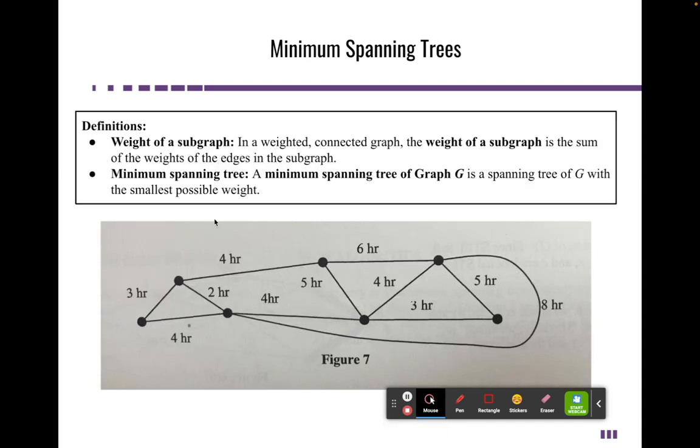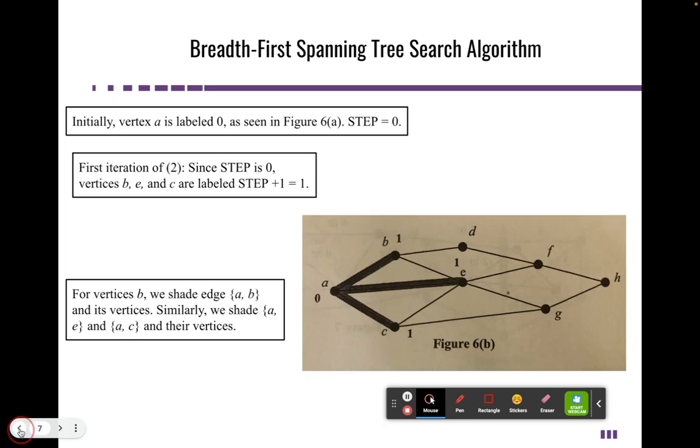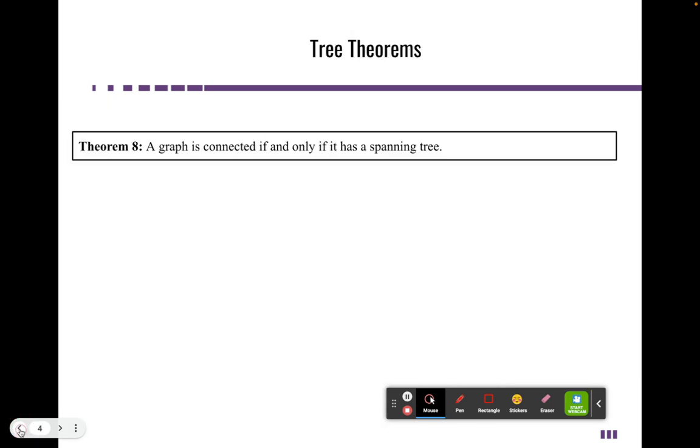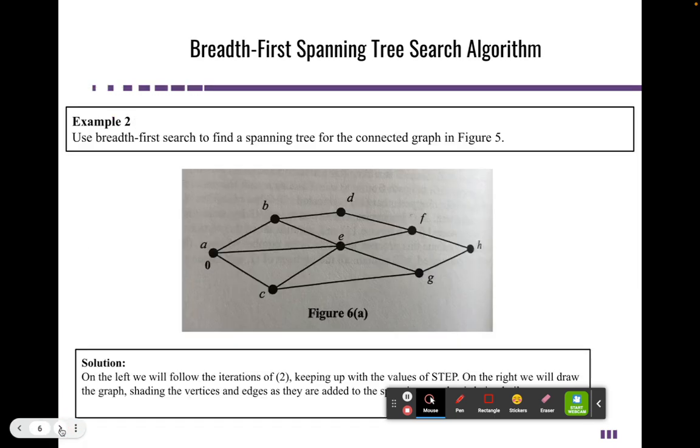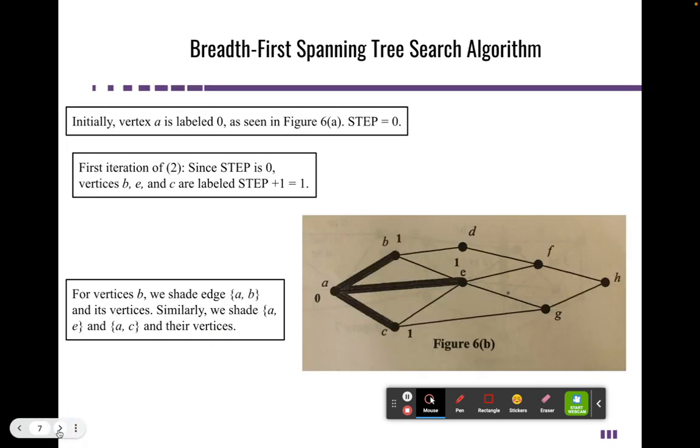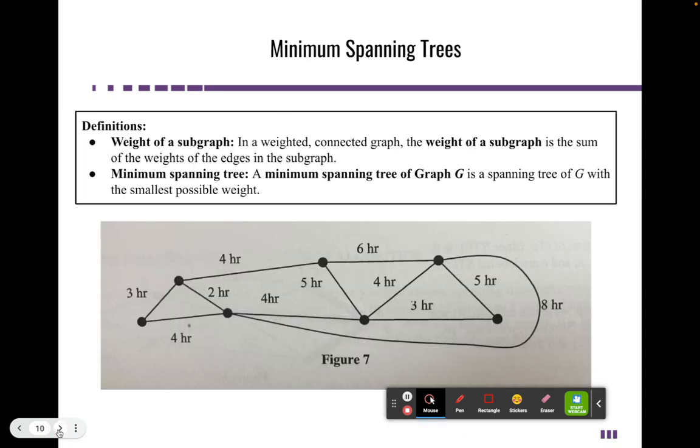All right, so minimum spanning trees. The whole idea is going back. So this is the same image that I had in the initial conversation, talking about the engineers and looking at the minimum distance that we can go. So in this case, we're looking at a minimum spanning tree. It's all about the weight of the subgraph.